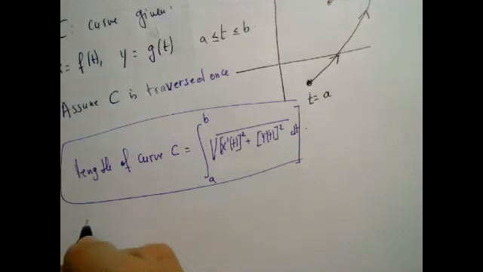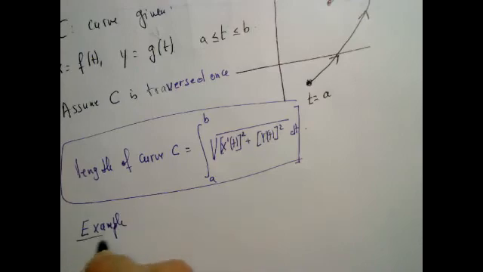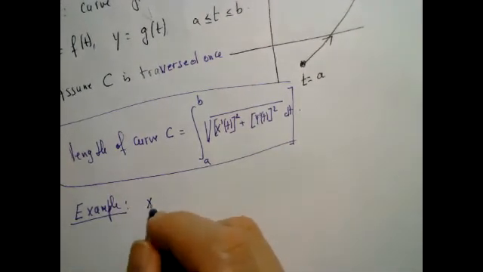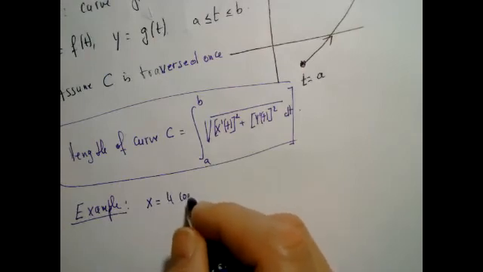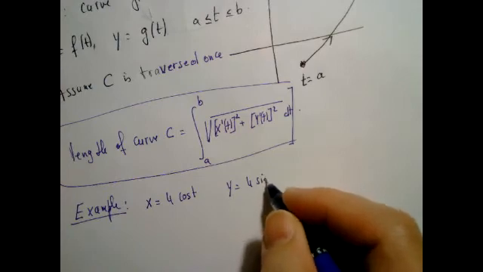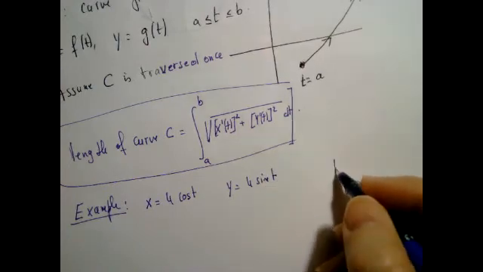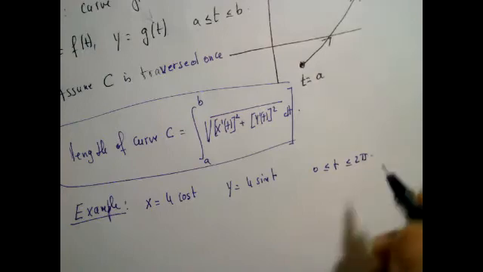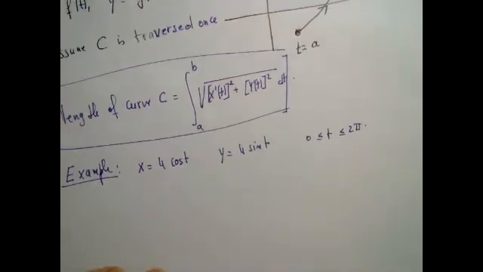So example. We're going to take x to be the problem we took a minute ago. x equal 4 cosine t, y equal 4 sine t, and t between 0 and 2 pi. Okay. And we know that this is a circle.